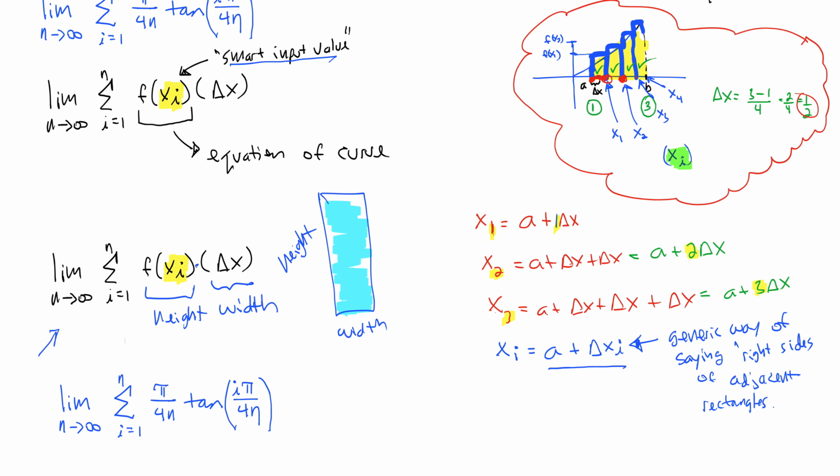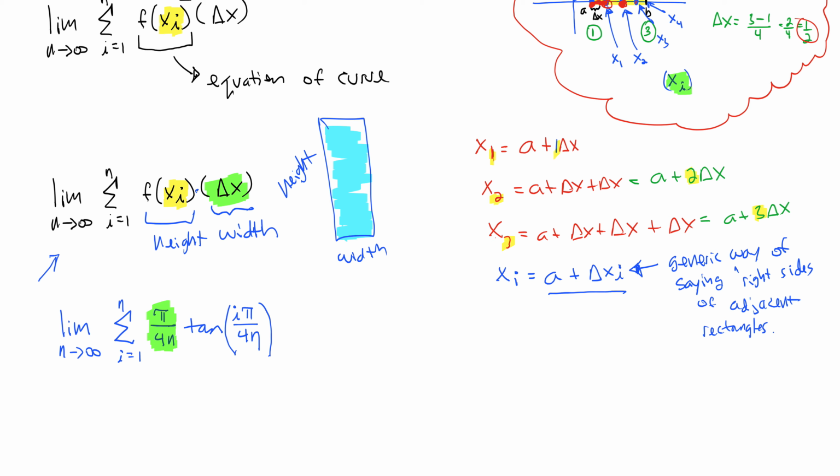It's kind of flipped, because here's the function, and then here's the delta x, and here it's the delta x and then the function. So we'll just say that this part right here is this part right here.